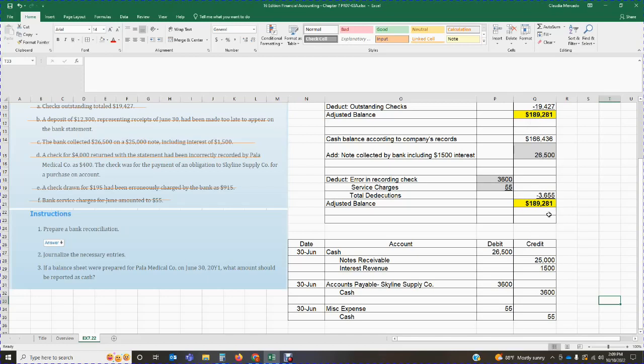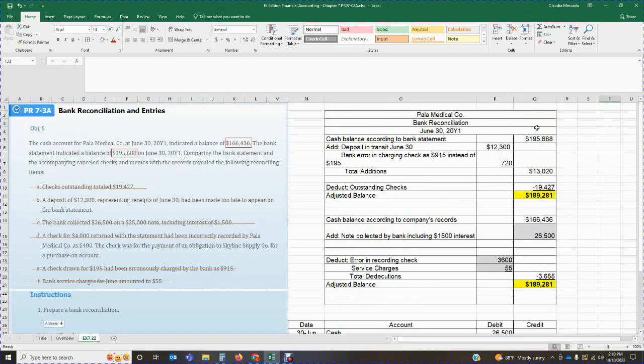That is what you actually have available to spend, in case you need to make any business decisions. It is not your bank statement balance. It is not your book balance. It is your adjusted balance after all items have been reconciled. That will be the $189,281.